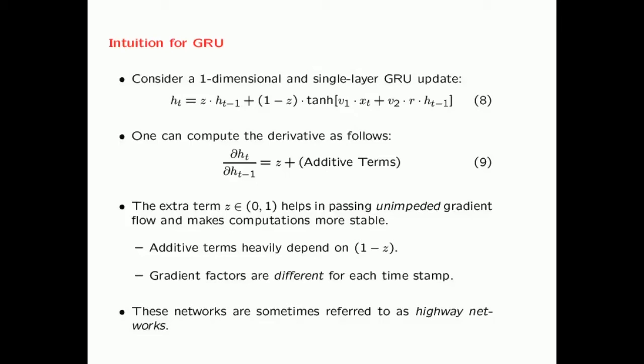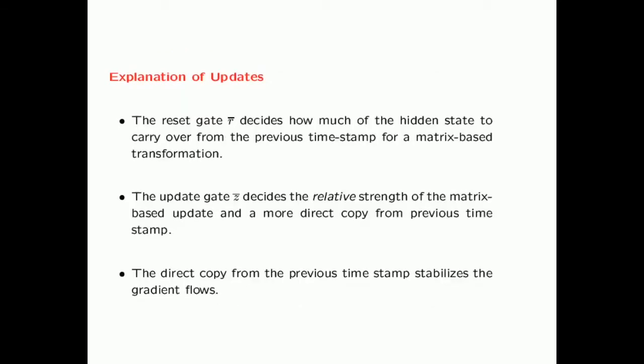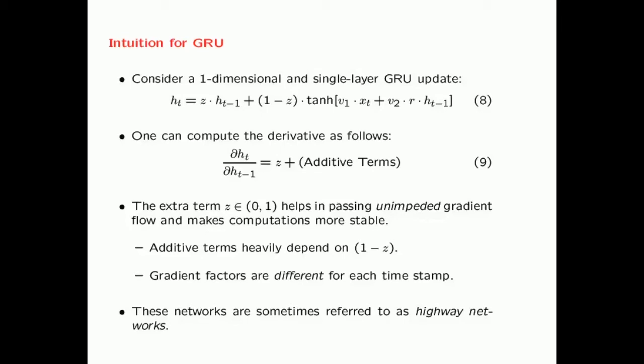The other point is that when you look at the additive terms, they heavily depend on 1 minus z. So if z is small, the additive terms will tend to compensate more and will tend to make this gradient flow closer to 1. The other point is that we are setting up these update variables corresponding to z and r, which may be different for each timestamp.